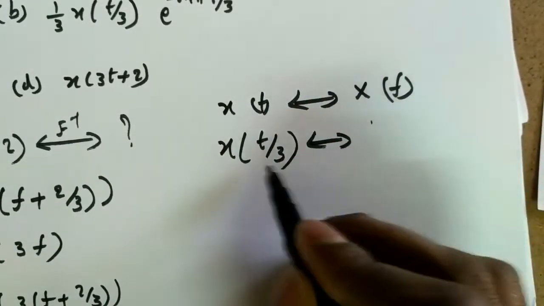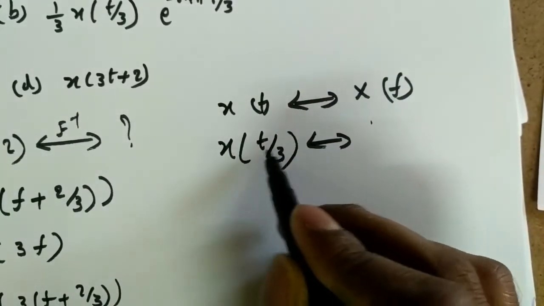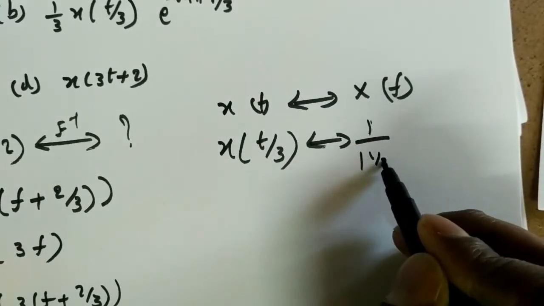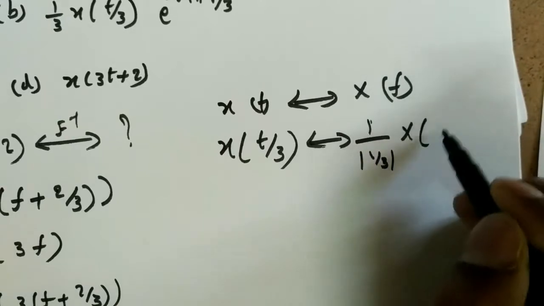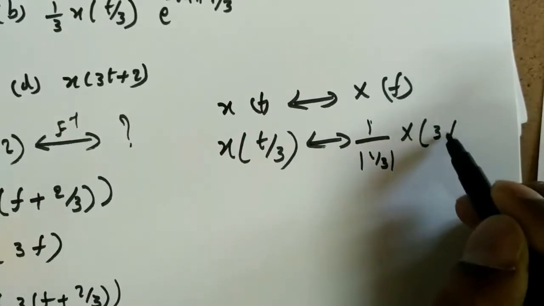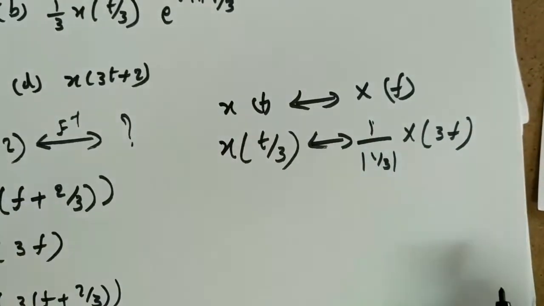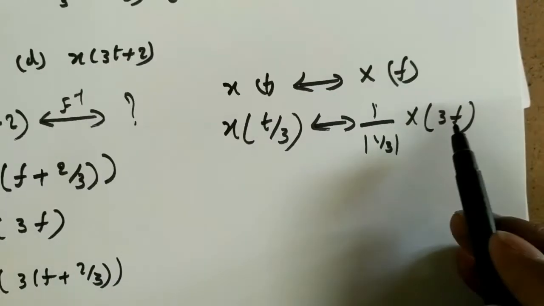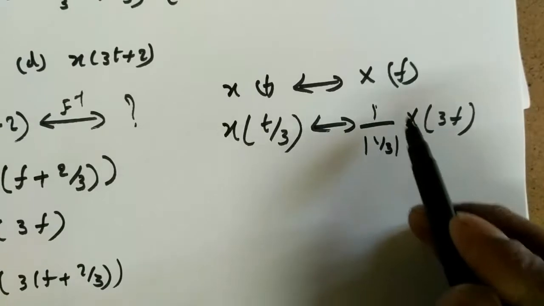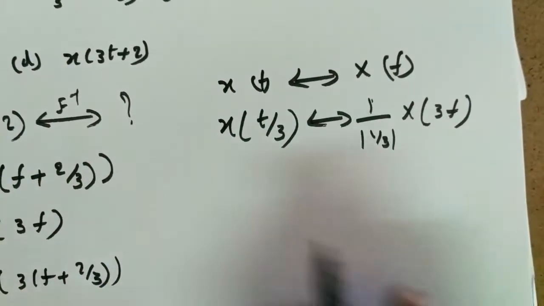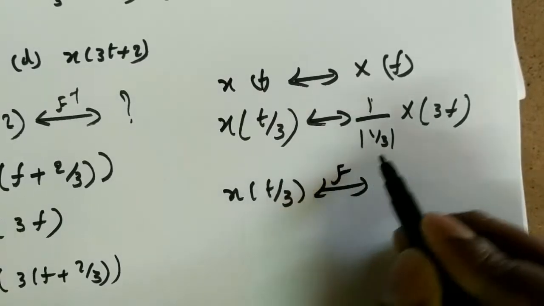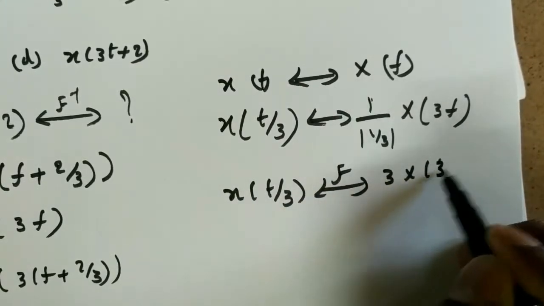Here a is 1 by 3, so 1 by mod a, that is 1 by 1 by 3, into X(f by 1 by 3), so it will become X(3f), the first one, right? But we need only X(3f), so this 1 by 1 by 3 going that side, that we will see later. So for x(t by 3), what is the Fourier transform? 3 into X(3f).